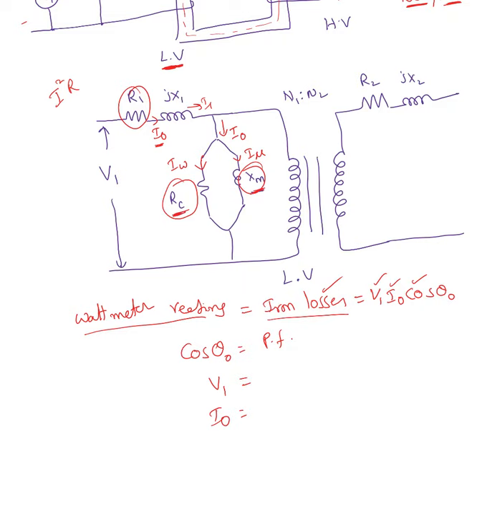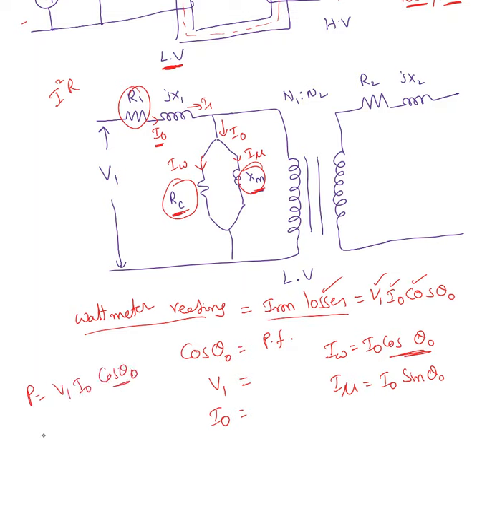Now the current IW is nothing but I naught times cos theta naught, and I mu is equal to I naught times sine theta naught. I already know cos theta naught. If not, we can find it from P equal to V1 I naught times cos theta naught.